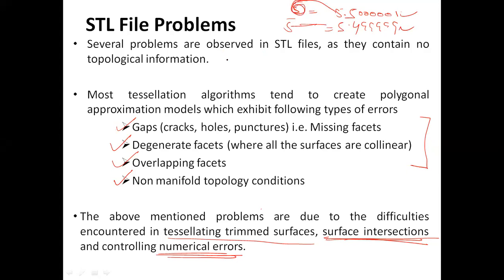When this type of problem happens, you start getting numerical round-off errors, and these will shift the position of the vertices. Once the position of the vertices shifts, you start to get degeneracy and overlapping facets also. Both of these problems mostly happen due to either surface intersections or numerical errors.